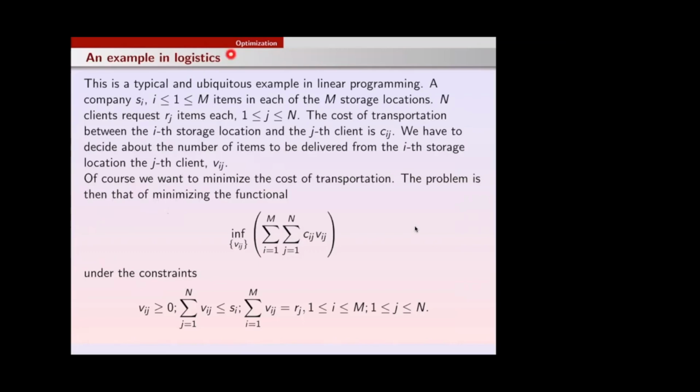So, the classical problems in logistics, for instance, are the typical problems of linear programming. You certainly know this. A company is dealing with several items in different storage locations. You have M items in M locations. Then you have N clients. Clients are ordering different goods in different volumes with different combinations.